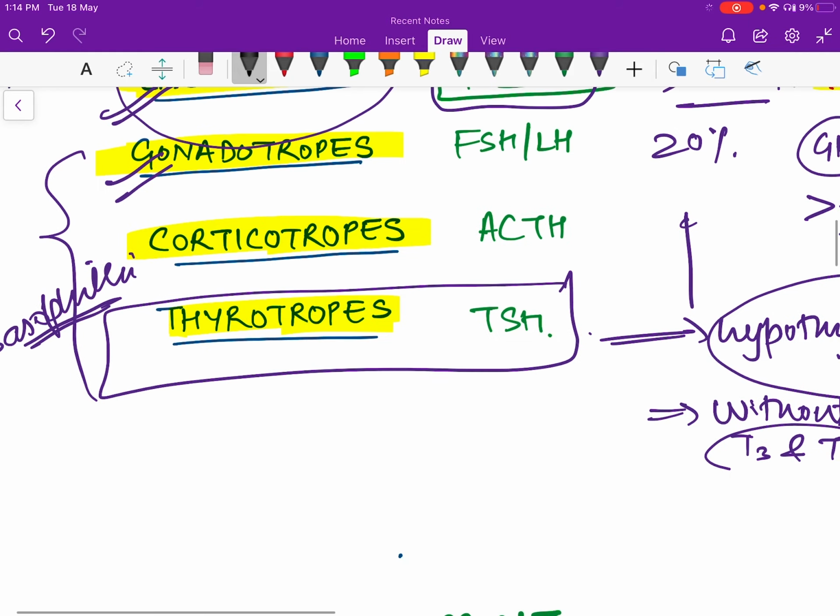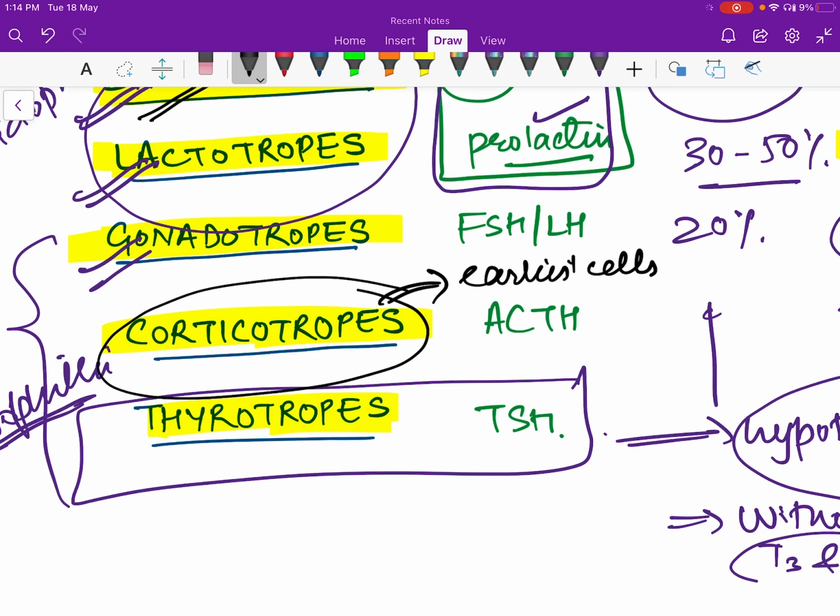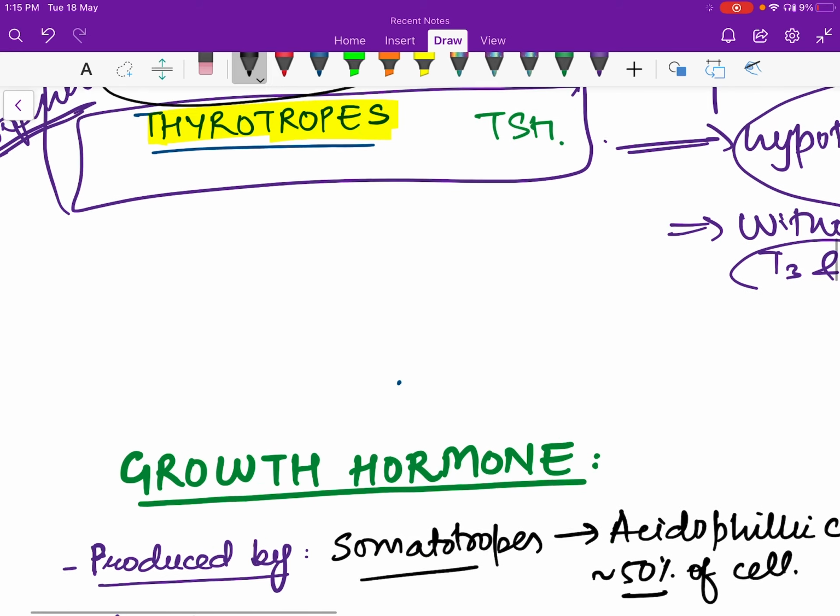Another important point that I forgot to mention here is that corticotropes are the earliest cells formed during development.